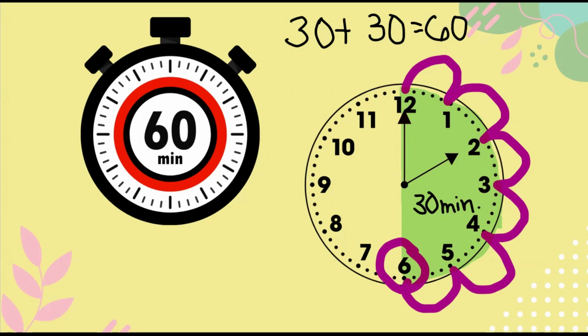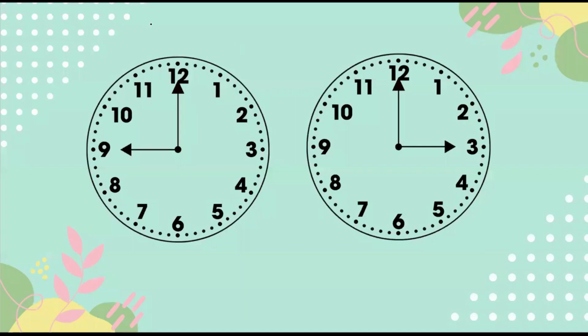Okay, let's try to tell time on these 2 clocks now. Can you tell me the time for number 1? Good job, it's 9 o'clock. What about clock number 2? Can you tell Miss Kay? Good job, you're right.